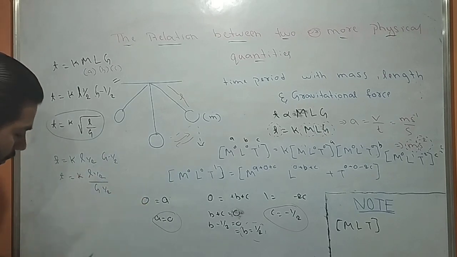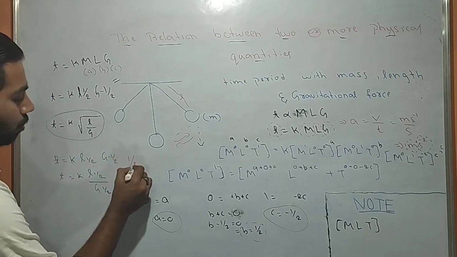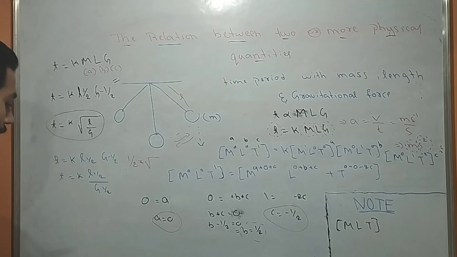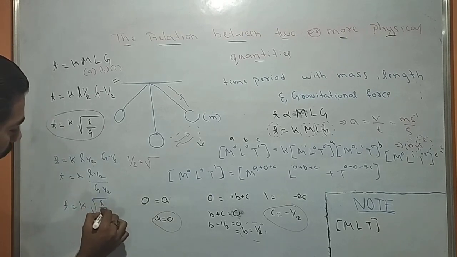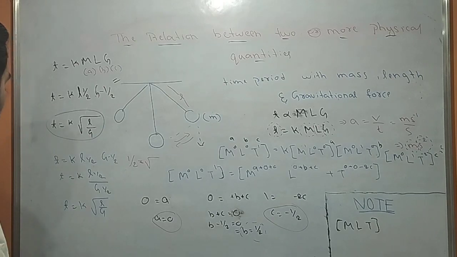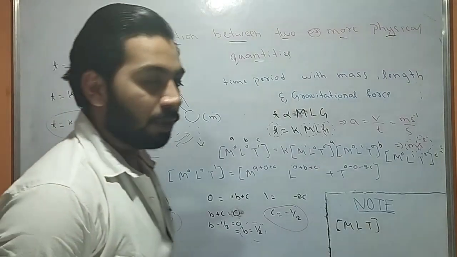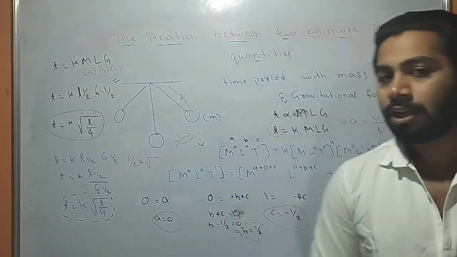You can write this in this form. Look, you have got the final answer, which is the relation of time with length and acceleration, and mass here is 0. So very easily you can solve this.